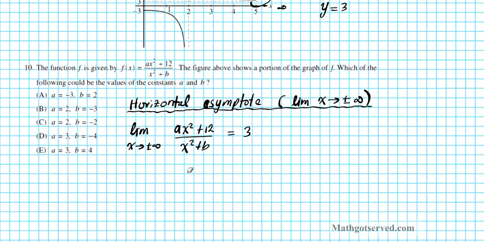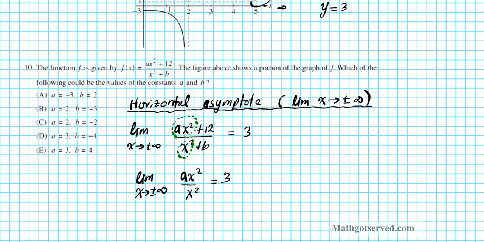You focus on the fastest growing term in the numerator and in the denominator. In the numerator, ax squared is the fastest growing; 12 is just a constant. In the denominator, x squared is the fastest growing. Whichever term has the highest degree is normally the fastest growing term in the polynomial expression. So this limit can be reduced to the limit as x approaches plus or minus infinity of ax squared divided by x squared, and that should be equal to 3.